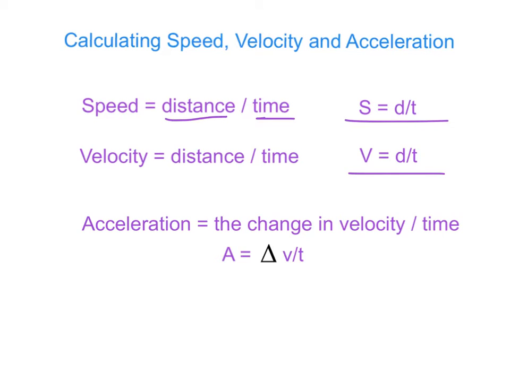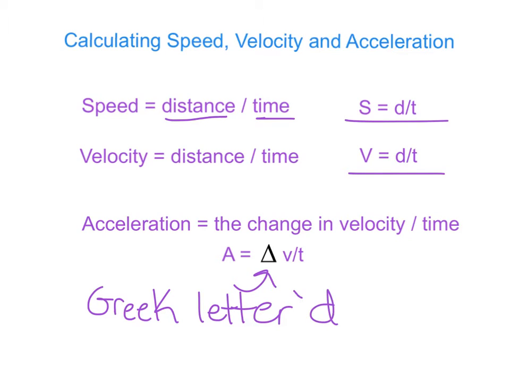Acceleration has this incredibly scary looking symbol in it. That's the Greek symbol. It's a Greek letter, and it's the Greek letter D, which in Greek is delta. It's actually the capital, and delta is the name of it. And in math, we use this symbol to mean the change in. So whenever you hear me say the change in something, I'm going to use that triangle.